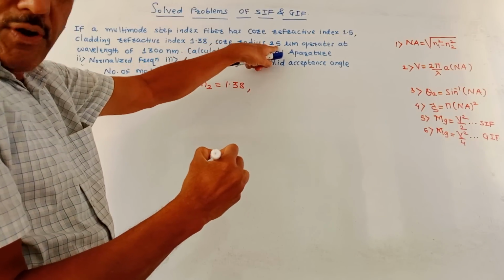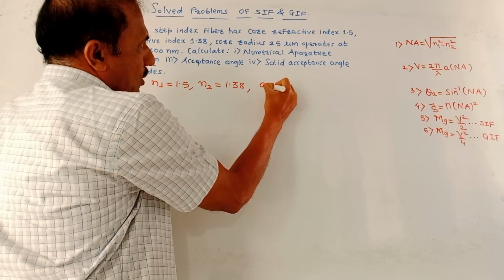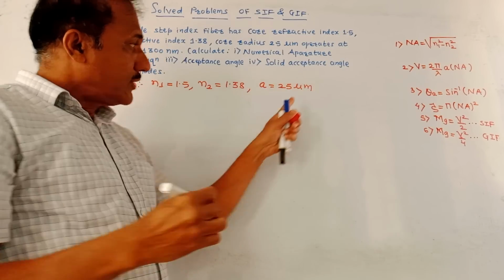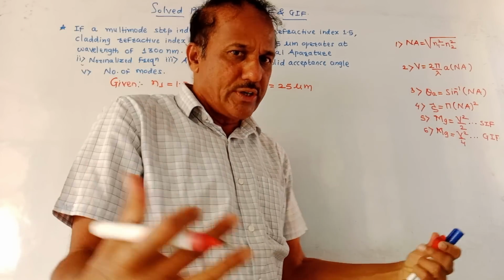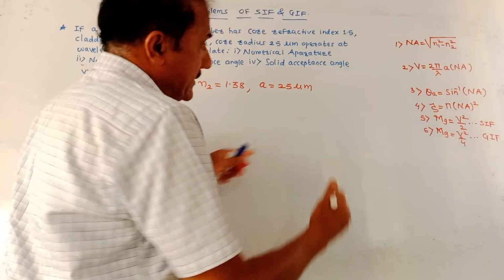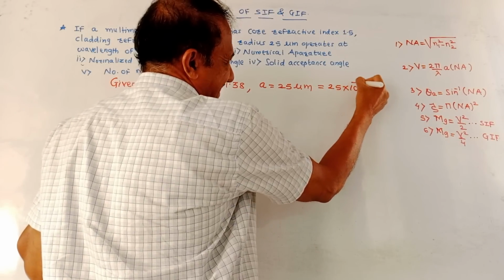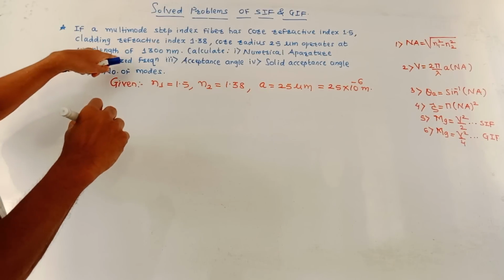Core radius 25 micrometer. We know that the core radius is denoted by small a, which is 25 micrometer. Now do remember, the unit is micrometer. We need to convert it in terms of meters. So it is 25 into 10 raised to minus 6 meters. This is the value of small a.